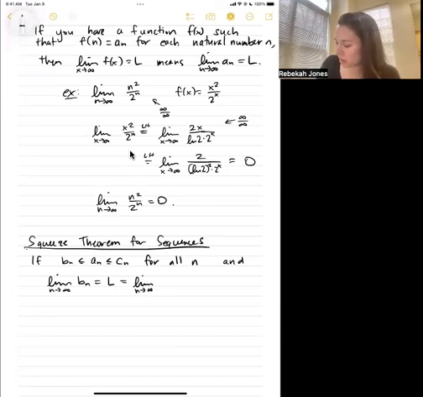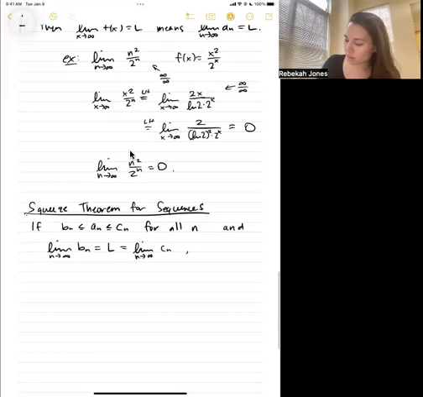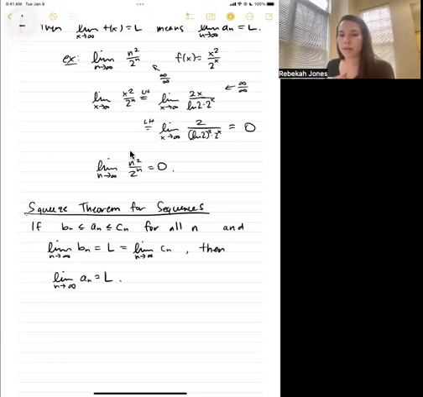So the limit of c sub n is also equal to L. Then we can conclude that the sequence a sub n converges and its limit is also L.